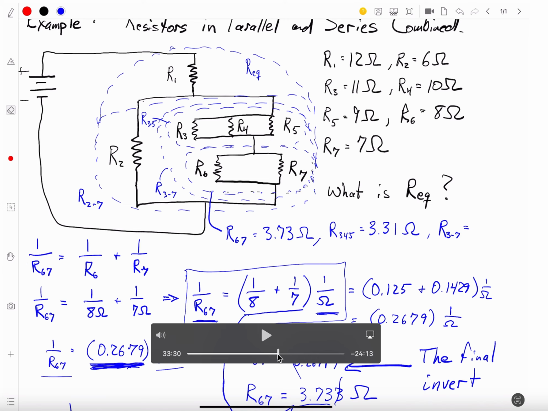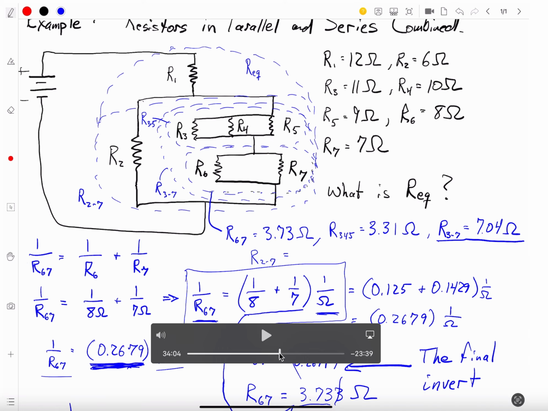That's how fast that should be, that even though R67 took us forever to figure out that it was 3.73 ohms, it should go very quickly on your calculator. So I know it's a pain, but you just kind of have to go with it.